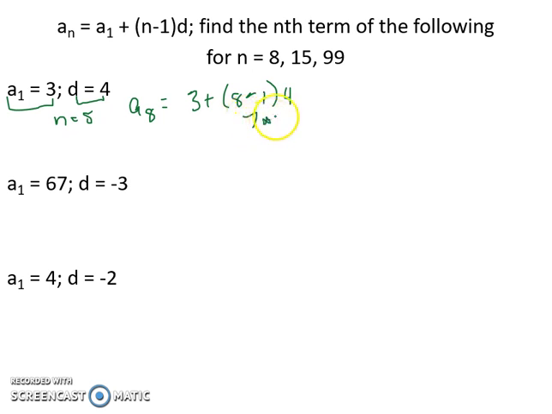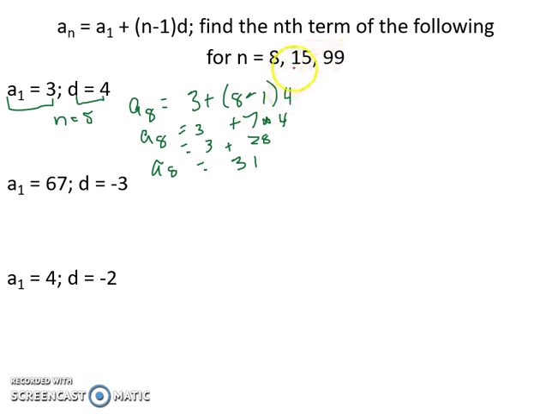So it's 7 times 4 plus 3 is A8. So that's 28 plus 3, and that is 31. So our 8th term in that sequence is 31.